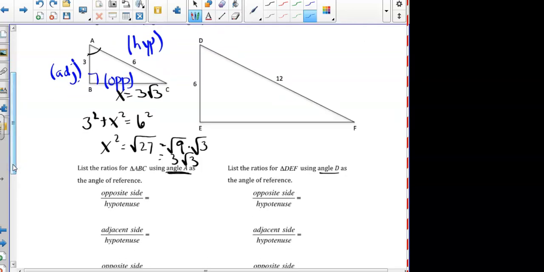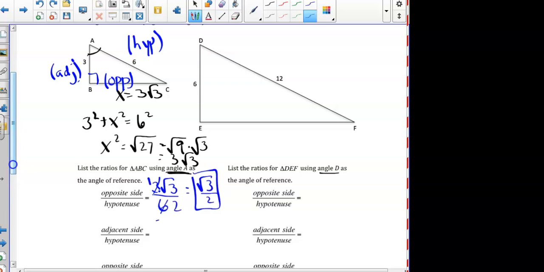The opposite over the hypotenuse would be 3 root 3 over the hypotenuse, which is 6 units. And we can simplify that fraction. 3 goes into 3 once, and 3 goes into 6 twice. So root 3 over 2 would be that ratio.